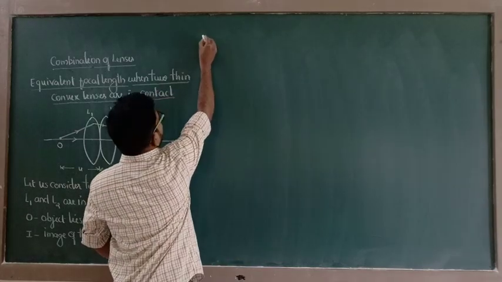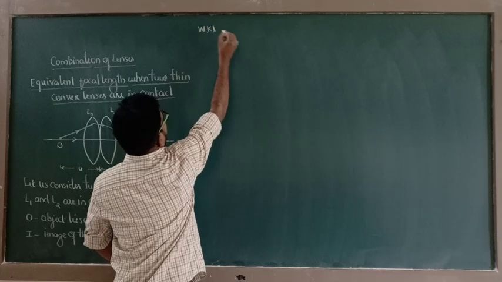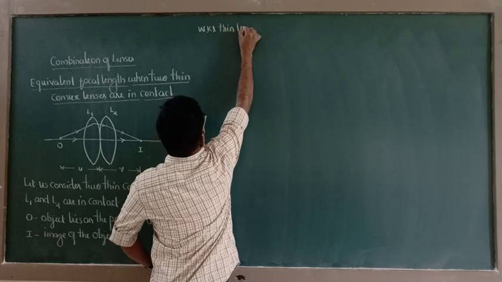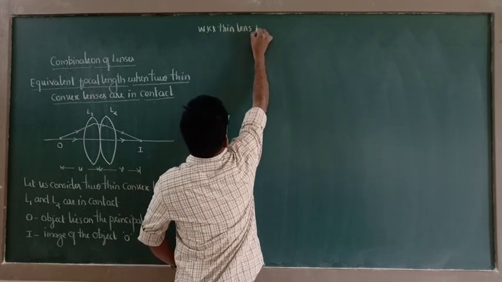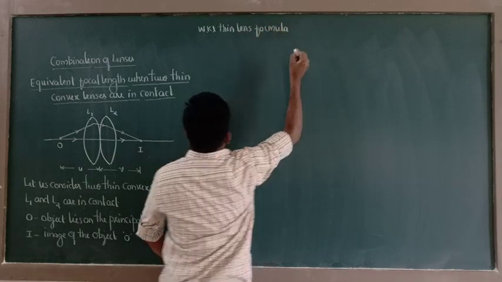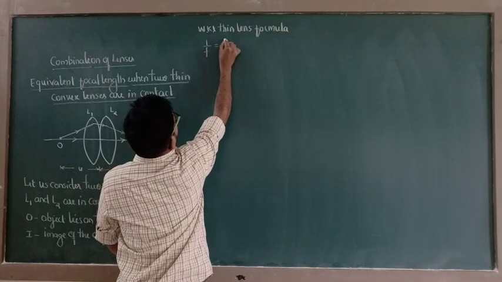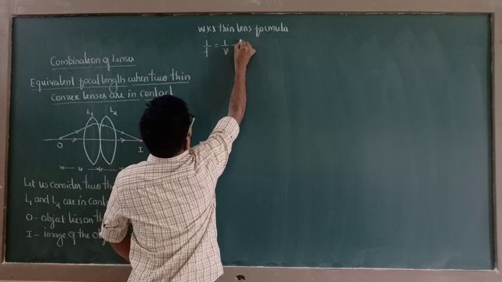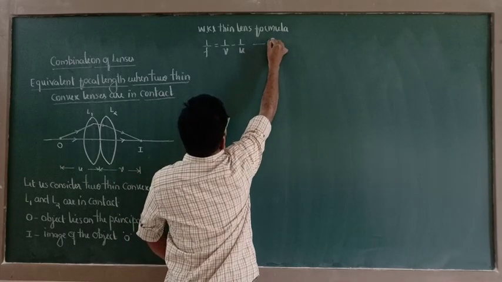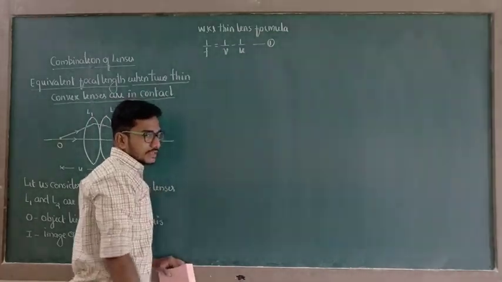We know that the thin lens formula, that is 1 by f is equal to 1 by v minus 1 by u. Let us name this equation as equation number 1. Focal length of the lens, image distance, object distance.